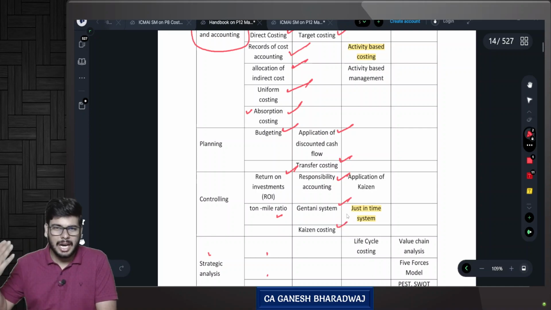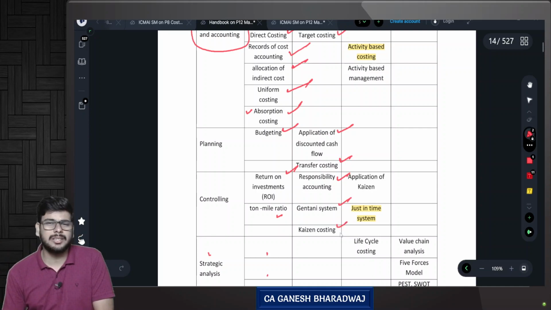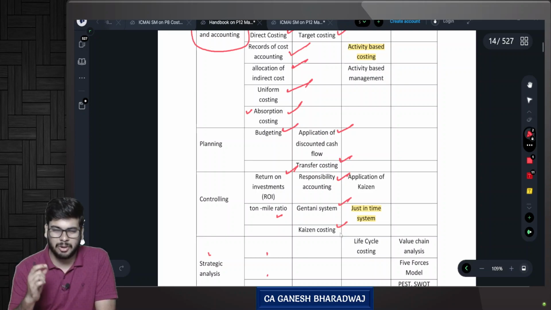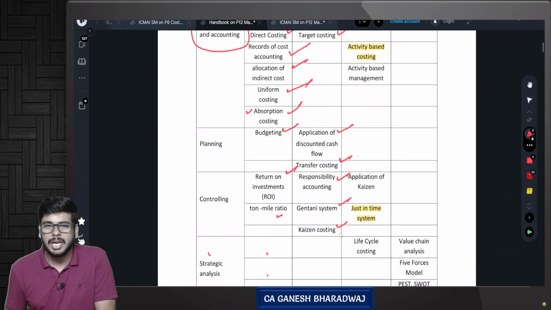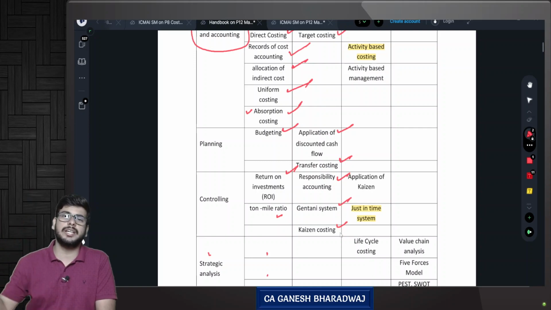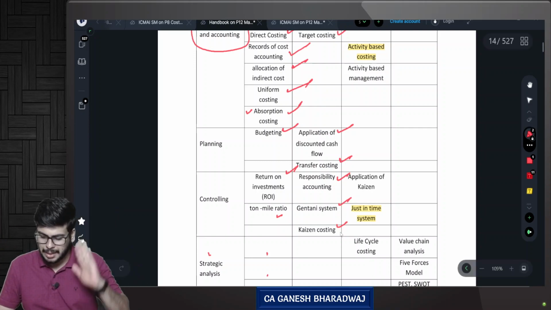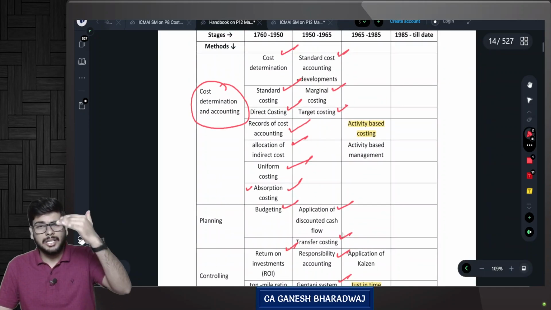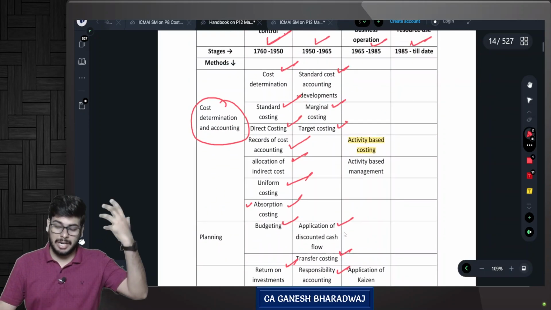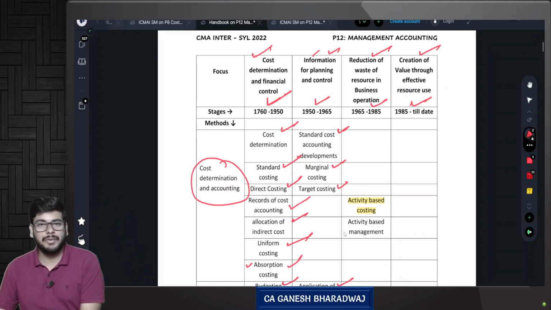These are all again final level areas. Of course, Kaizen costing is a costing system that was introduced in Japan. It focuses on continuous, small and steady improvement. Whenever it is applicable, we will see it right then. So these are all some techniques that evolved in phase 2 of the evolution.